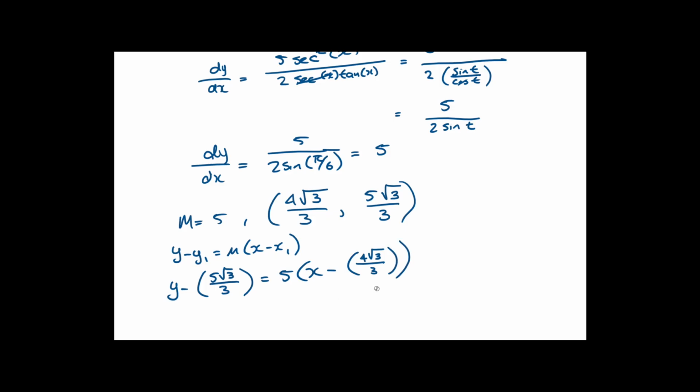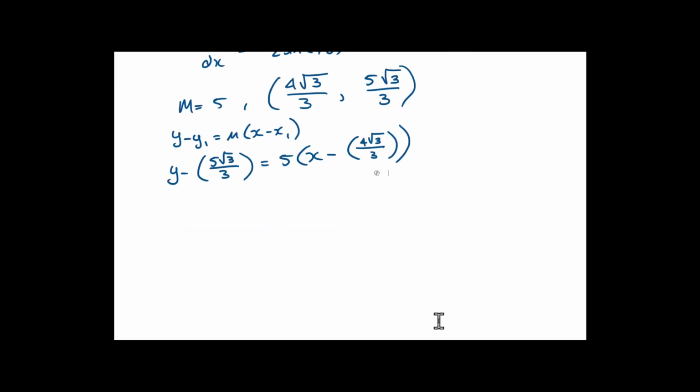Oh, we're nearly there. It might not look like we're nearly there, but we're nearly there. So y is going to be equal to 5x minus 20 square root 3 over 3, because we have 5 times 4 square root 3 is 20 square root 3, plus 5 square root 3 over 3.